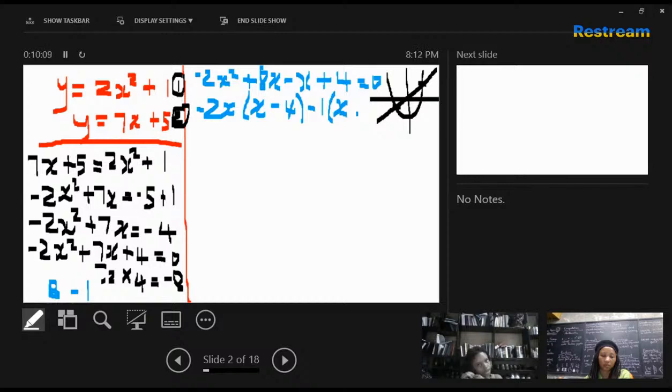And negative 1 into positive 4 goes negative 4 times. So then we're going to put them into two brackets. So negative 2x minus 1 in one bracket and x minus 4 in the other bracket.